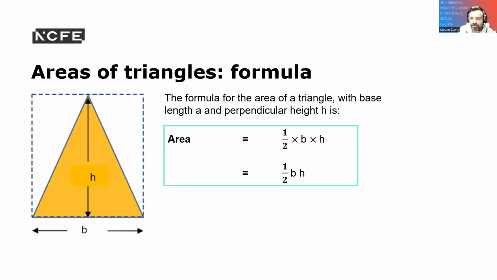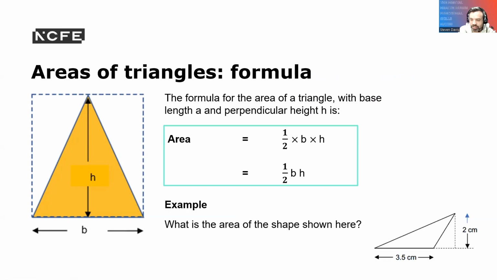So the formula for the area of the triangle, with base length A and height, is half times base times height. So for example, if we look at this shape, what area of the shape is shown here? It's 3.5 centimeters long and 2 centimeters wide.